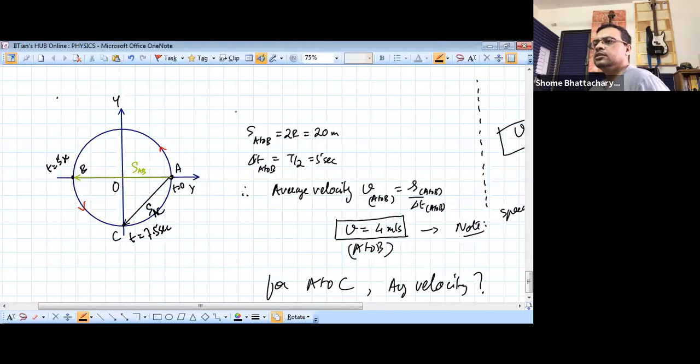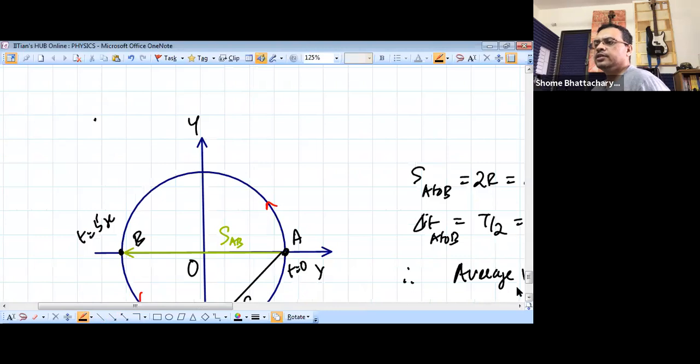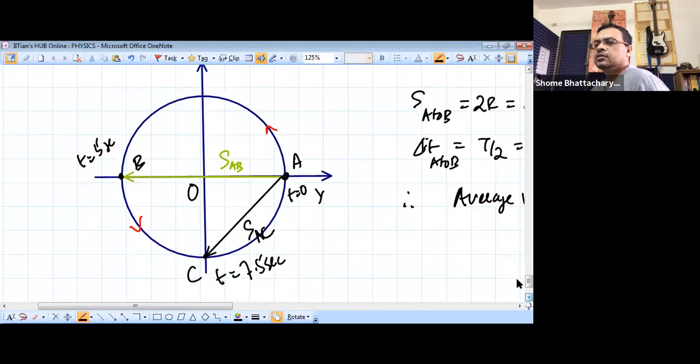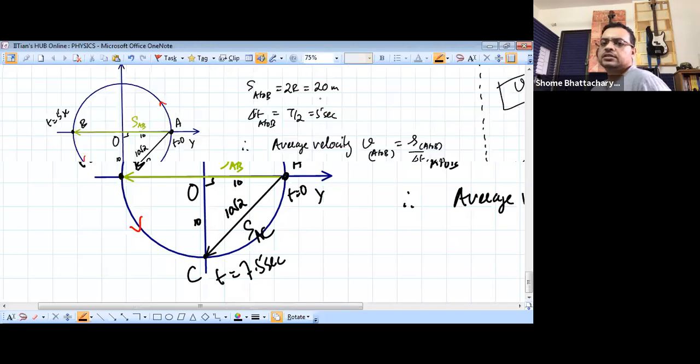So now you can use the property of a right angle triangle, and from that you can get the hypotenuse. This is a 90-degree angle, this is 10, this is 10. So the displacement from A to C is like that, and the time is 7.5 seconds.